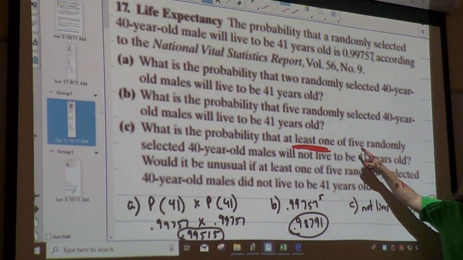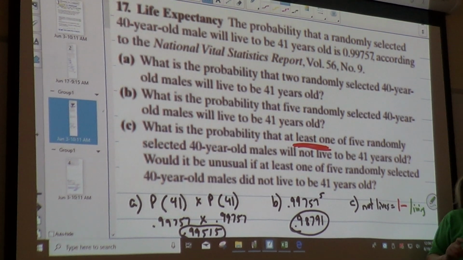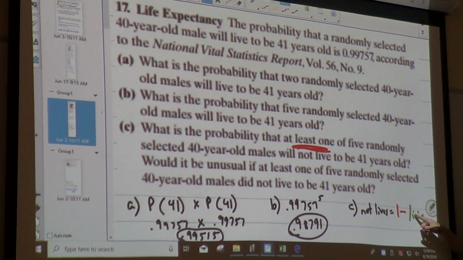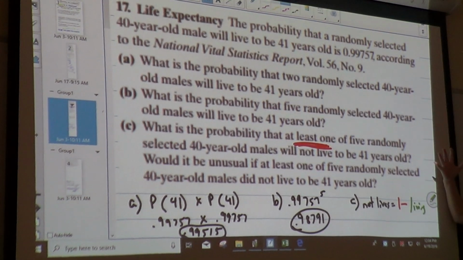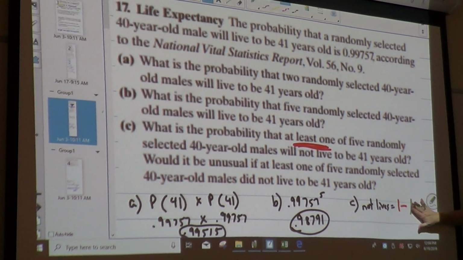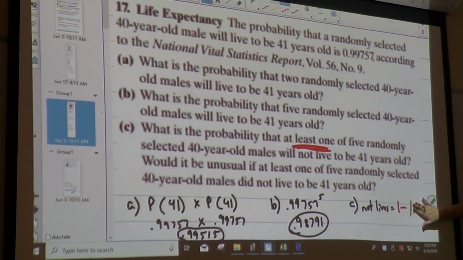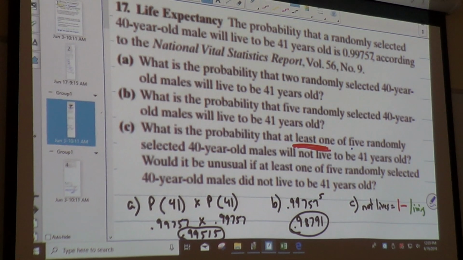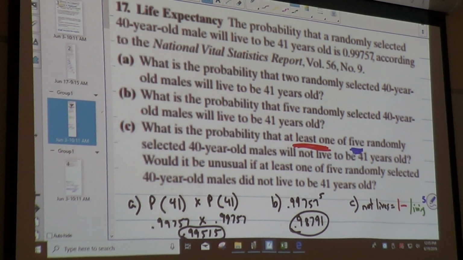Now, but we're doing 5 of these people. So what am I going to have to raise this to? To the 5th power, because we got 5 of these yahoos. Because it's 5 random men, I'm going to raise it to the 5th power.